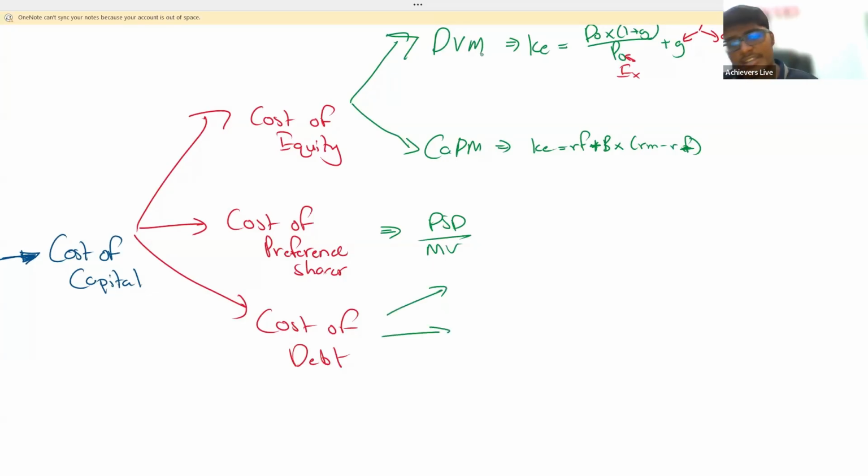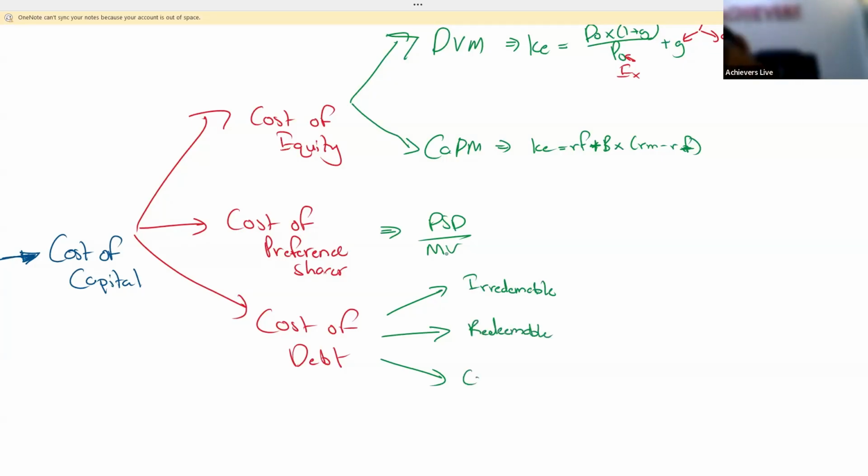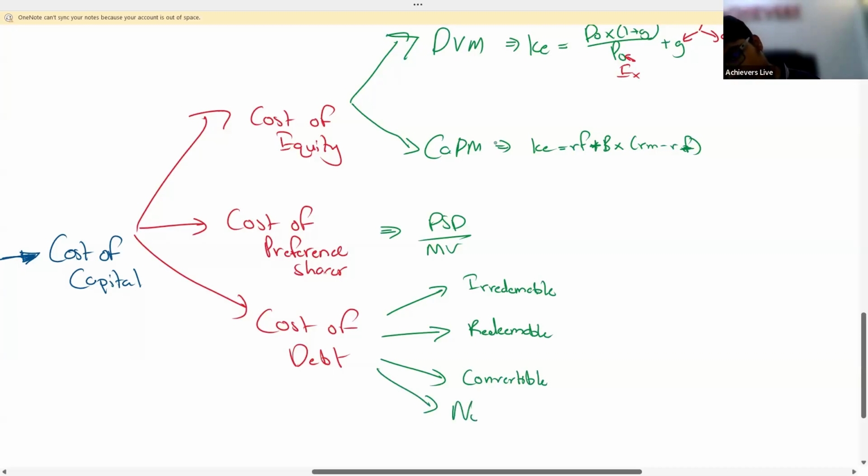What do you have? Different kinds of debt actually, a lot. You have redeemable debt, and you have normal annuals.